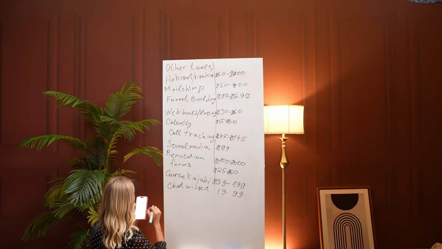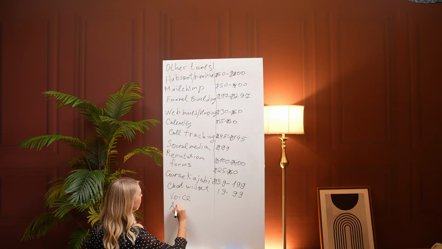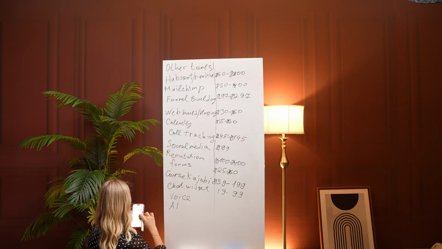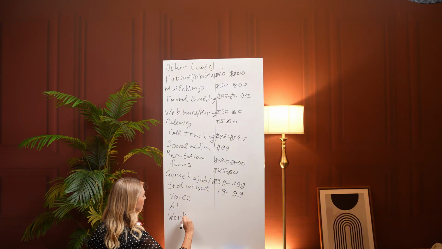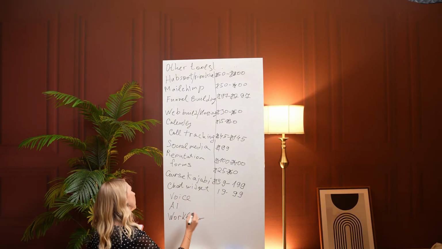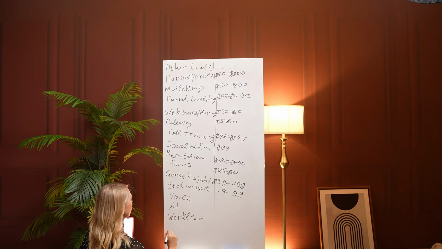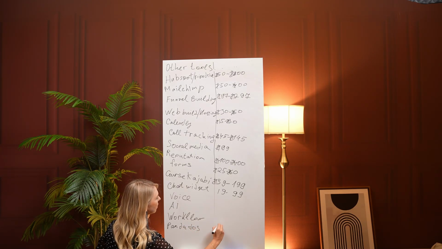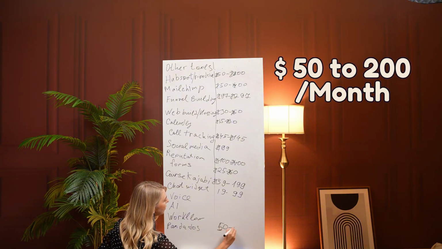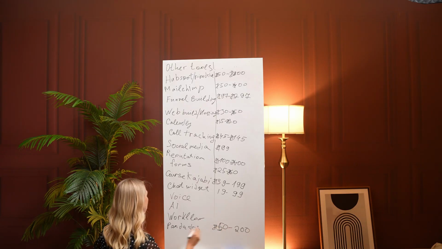What else do we have? Voice AI and automation workflows. Workflows, AI, depending on what you want. What else do we use? Proposals online, PandaDoc, which is also $50 to $200 depending on how many users you use.